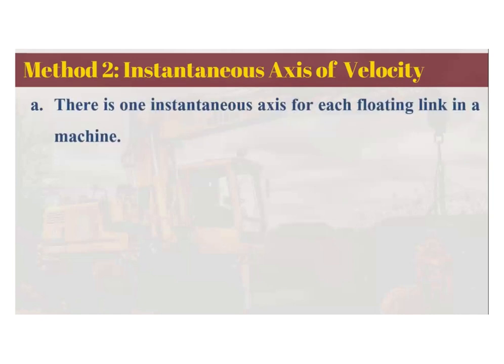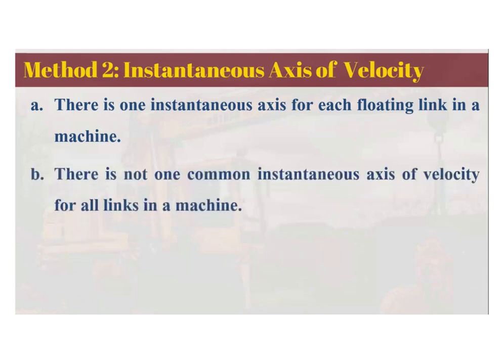The concept behind this method is that there is one instantaneous axis for each floating link in a machine. There is not one common instantaneous axis of velocity for all links in a machine. As you can see in topic number 4, there are different instantaneous axes for the different links in a machine.